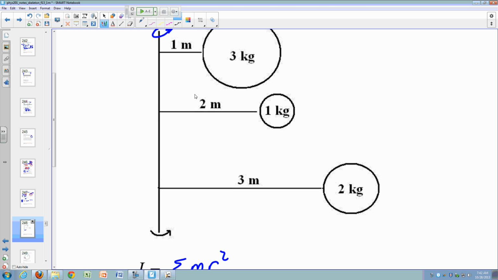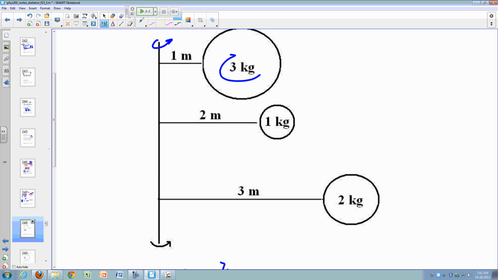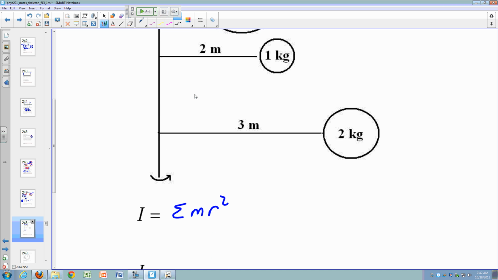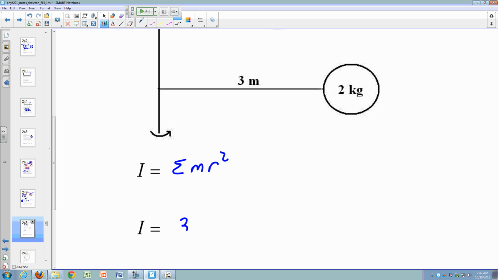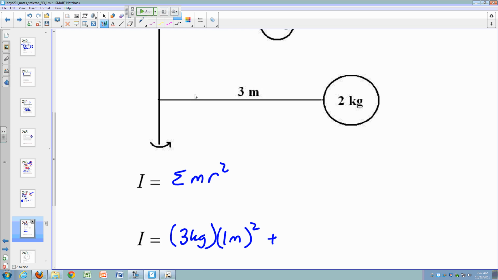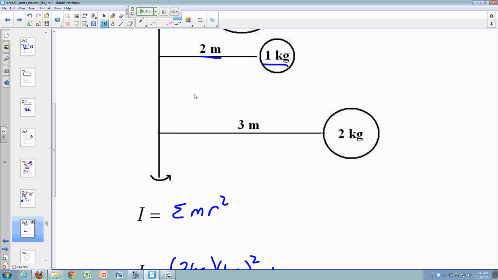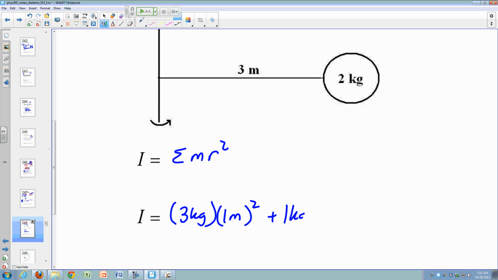So for example here, I have a 3 kilogram body at 1 meter from the rotation axis. So it's going to be 3 kilograms times 1 meter squared, plus a 1 kilogram body at 2 meters, 1 kilogram times 2 meters squared, plus 2 kilograms times 3 meters squared.